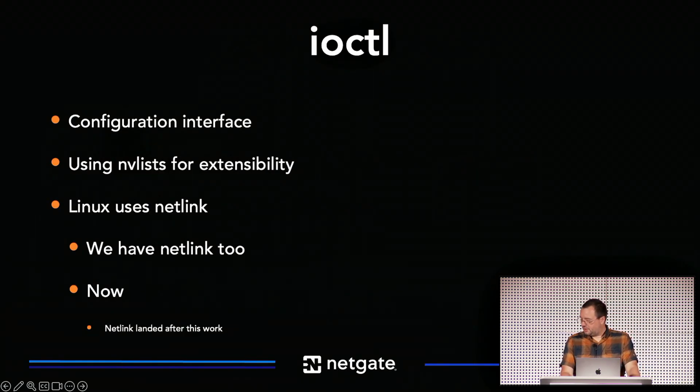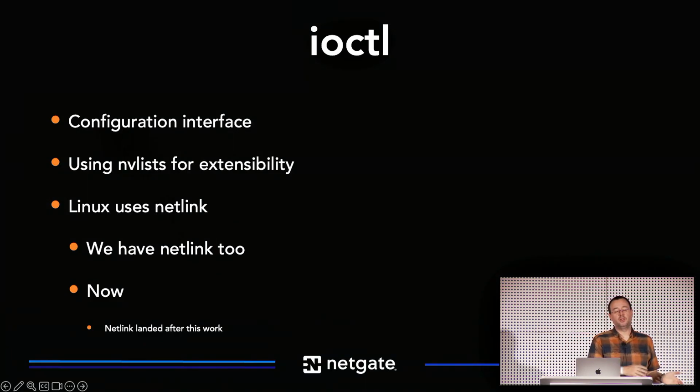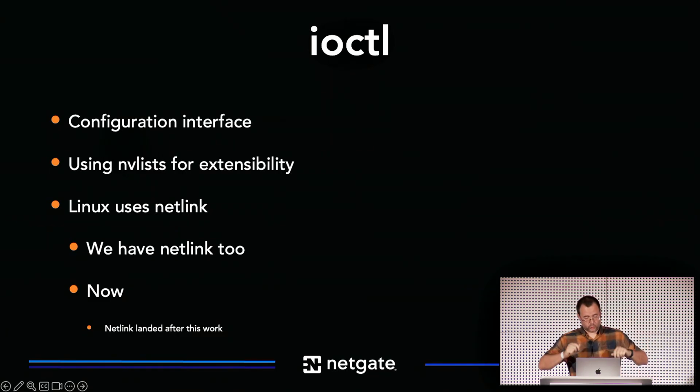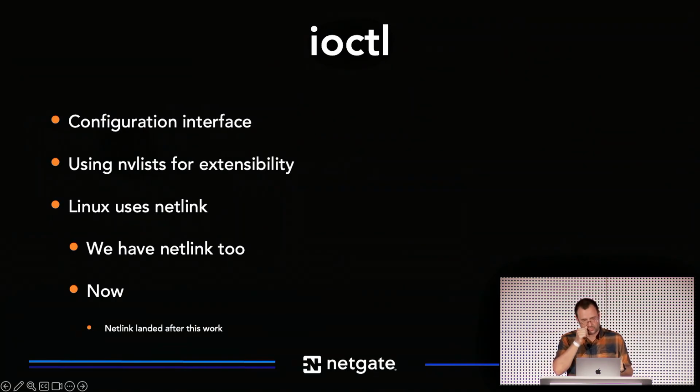Next consideration, the IOCTL interface or the IO control interface, however you want to pronounce it. This is the configuration interface between the kernel and user space. Sometimes user space needs to tell us, hey, I've set up a new server, here's the information that you need, here's the file descriptor, here's the port that we're listening on, all of those things. This needs to be transmitted between the kernel and user space.